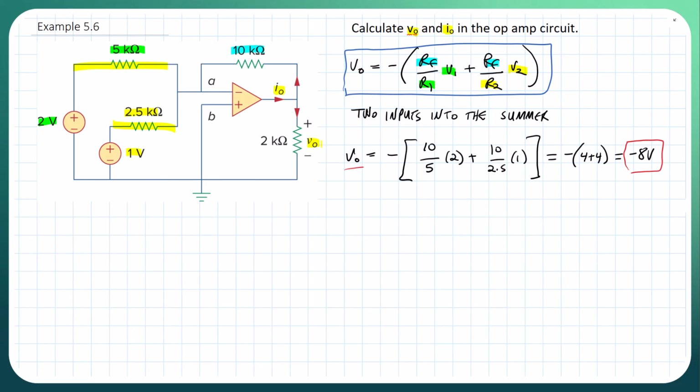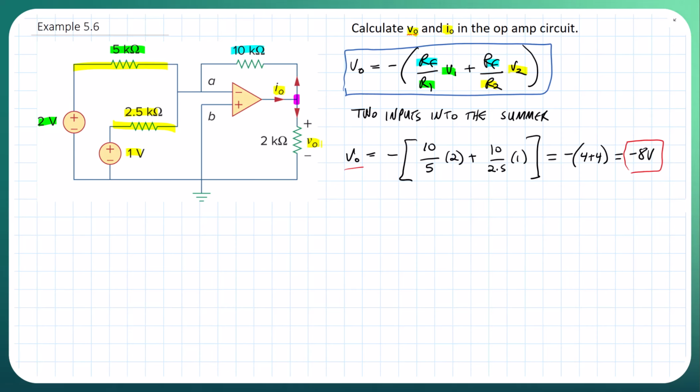And then we look here at our current, I0, which is just going to be the sum of this current going out and this current going out. Let me write this down here. Again, looking at this point here, we have current going in equal to the two branches going out, current going out and going out on the other side.